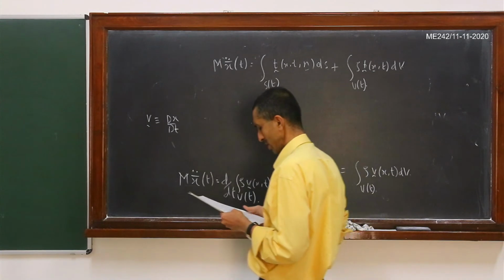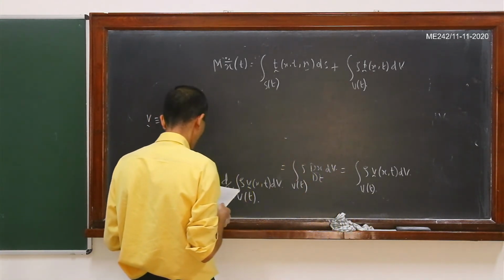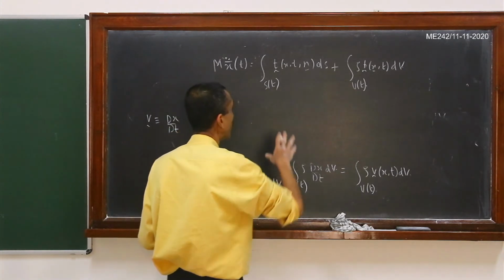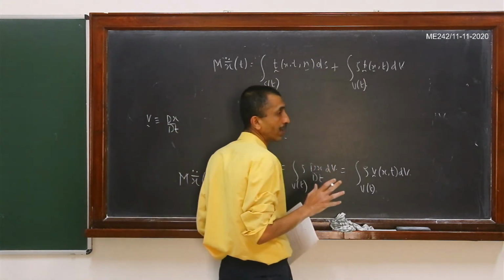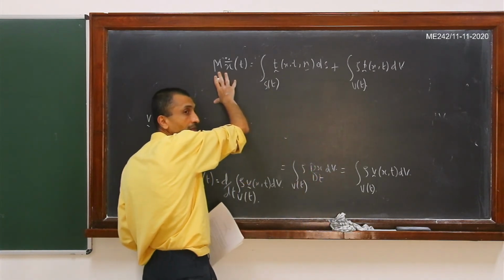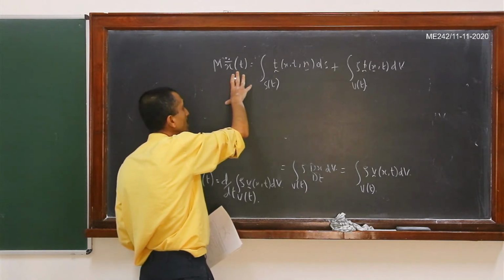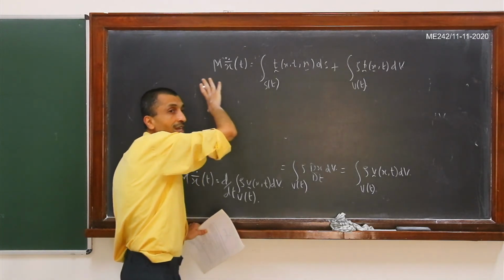What this statement says is that the sum of the forces acting on a material volume is equal to the mass contained within the material volume times the acceleration of the center of mass of the material volume.